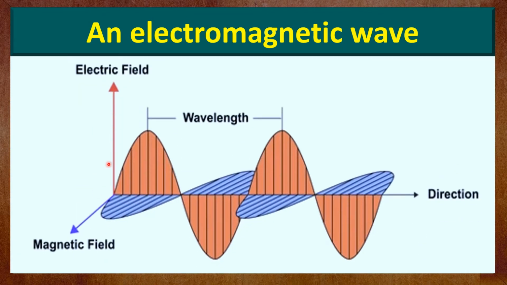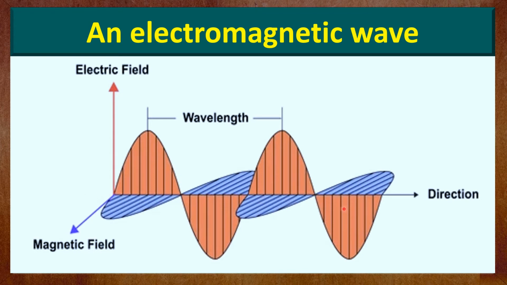You can see here, this is the electromagnetic wave. In this there are two components, electric field and magnetic field. Electric field, this one is changing like this, and magnetic field is changing perpendicular to the direction of electric field, and this is the direction of wave.